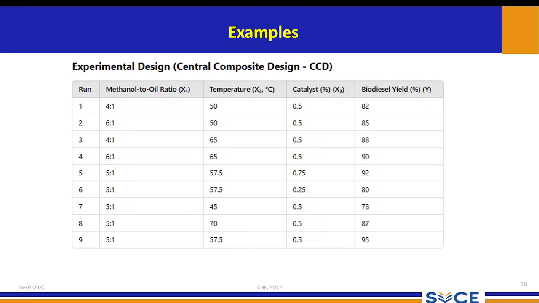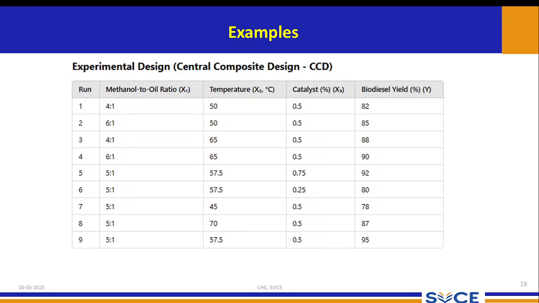You can clearly see this from the table. For the temperature, the independent variable, the values they changed were 45, 50, 57.5, 65 and 70, so the minimum value is 45 and the maximum value is 70. And for the catalyst percentage, they varied from 0.25 to 0.5 to 0.75. The design itself arranged these factors over different ranges.